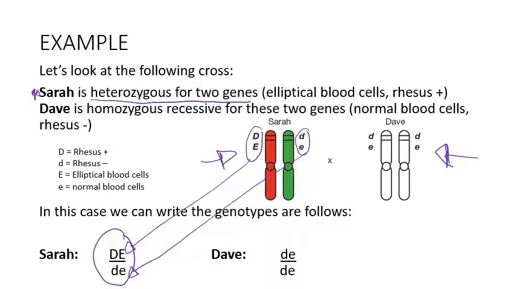Whereas Dave, because he is homozygous recessive, has both of his chromosomes with exactly the same allele combinations. So the lowercase d, lowercase e on one side of the fraction, and the exact same combination on the other side of the fraction.